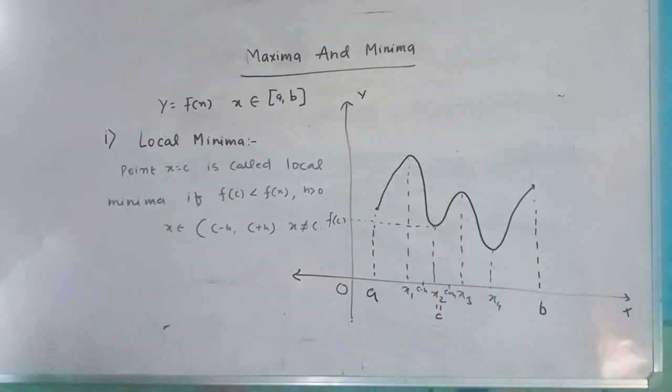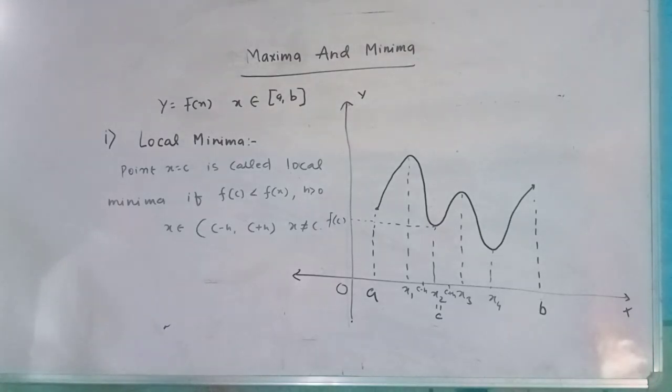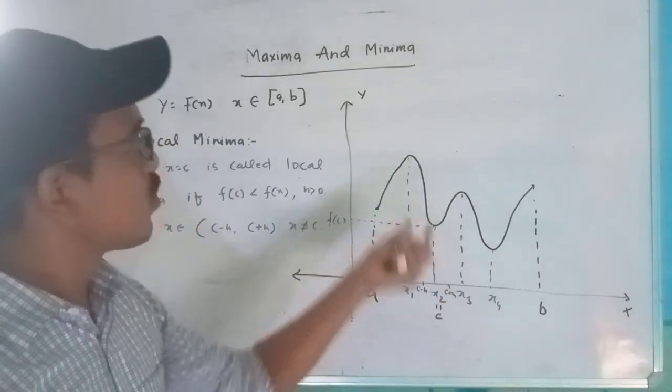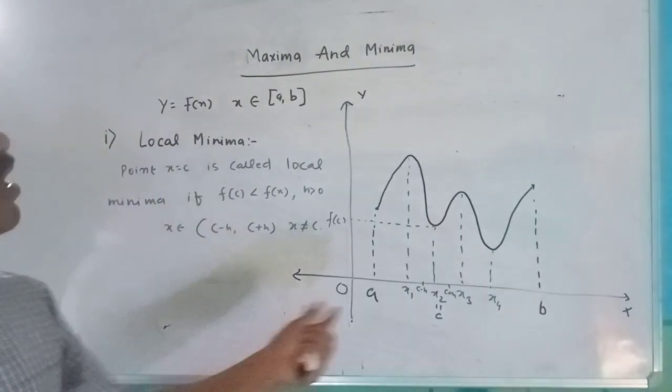So the point where the function attains its minimum value in its neighborhood, we call it a local minimum, right? Similarly, we have another term, local maximum. The value of x for which the graph attains its maximum value in its neighborhood is called a local maximum.